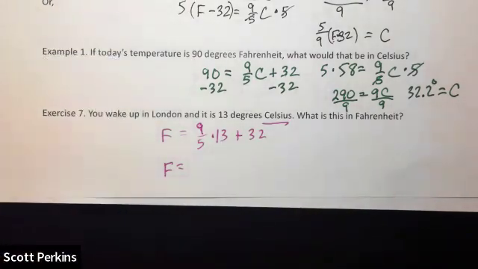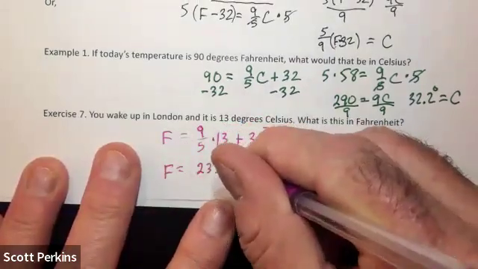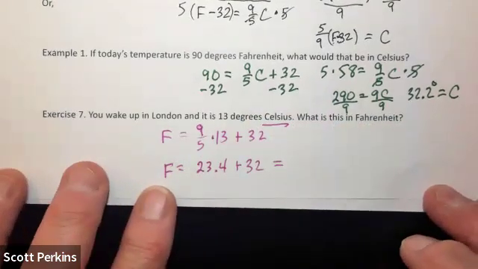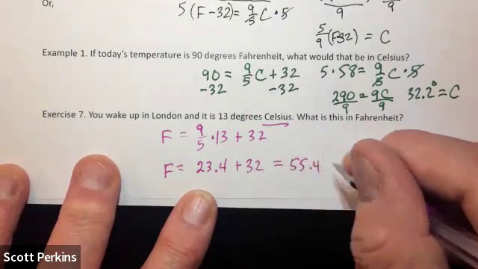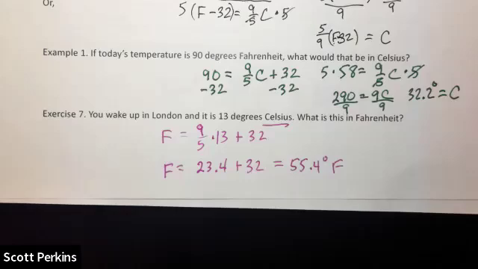And that is equal to 23.4 plus 32. So that morning when you woke up in London and it was 13 degrees Celsius, that is 55.4 degrees Fahrenheit. And that is a little bit cooler than maybe you were hoping or expecting.